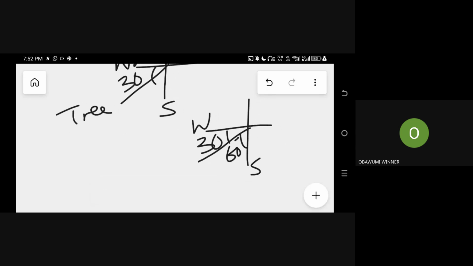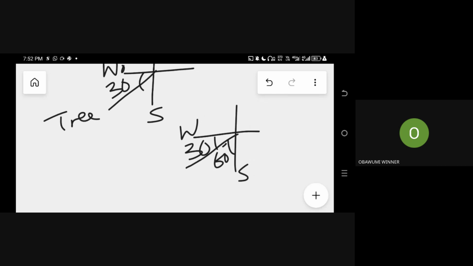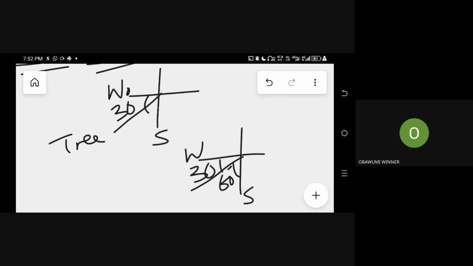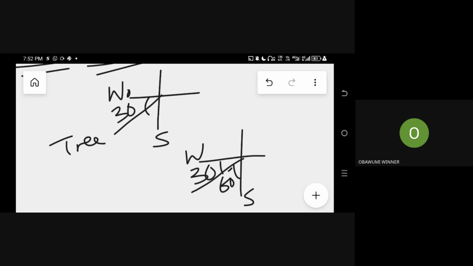So if you see this, it is now that an angle is touching the south. In the original question, that 30 degrees wasn't touching the south, because the angle has to touch the south before we can reach that compass bearing.